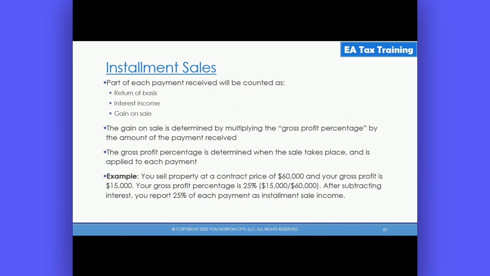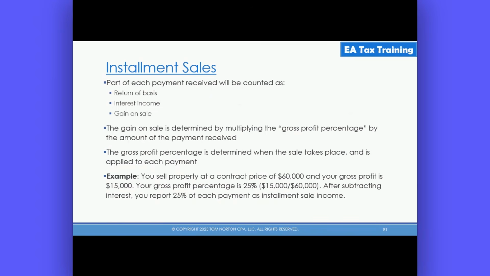The gain on the sale is determined by multiplying the gross profit percentage by the amount of the payment that is received. The gross profit percentage is determined when the sale takes place, and it is applied to each payment.